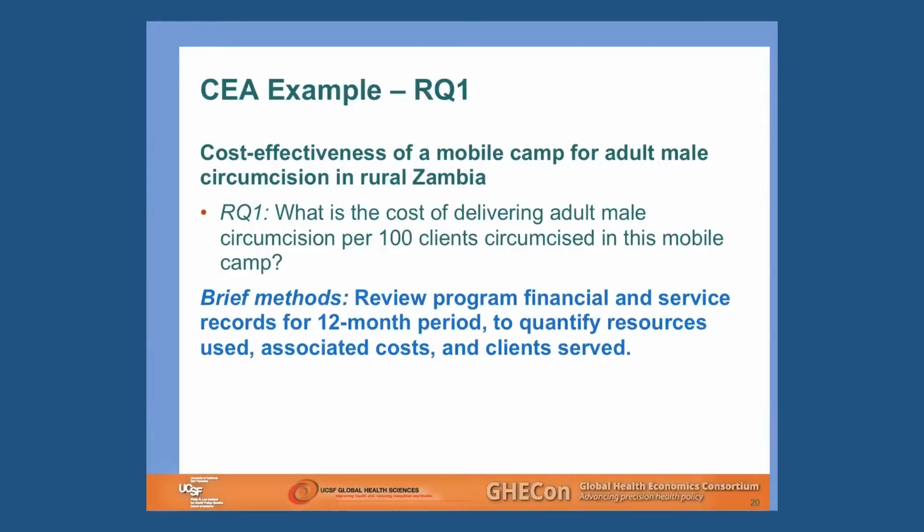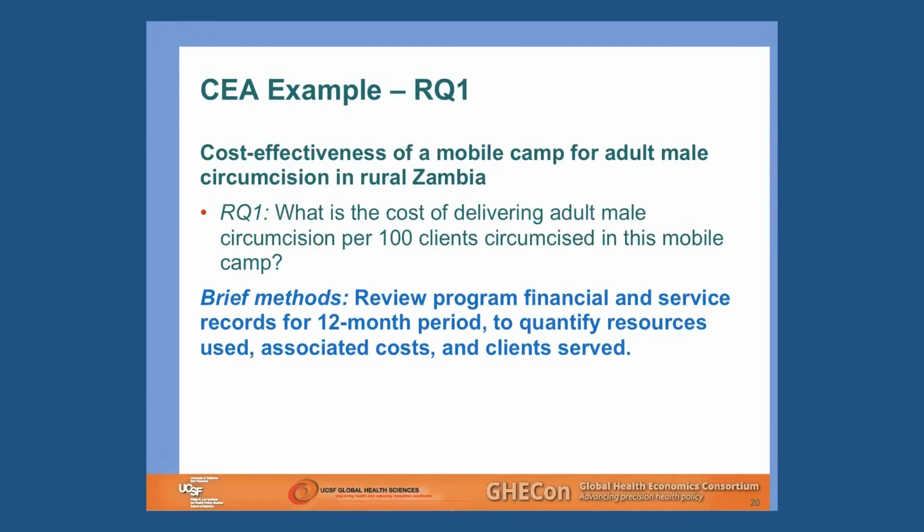So let's take each research question at a time and think about what the methods might be for answering it. The first one concerns costs. One approach would be to review program financial and services records. You want to look at expenditures, not budgets, right? Budgets are sort of aspirational.